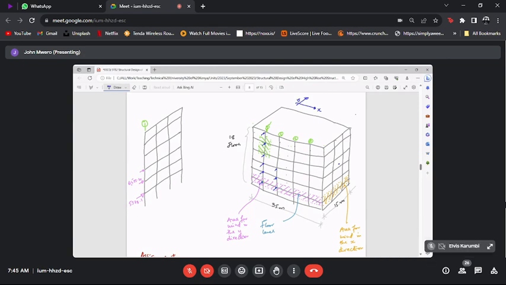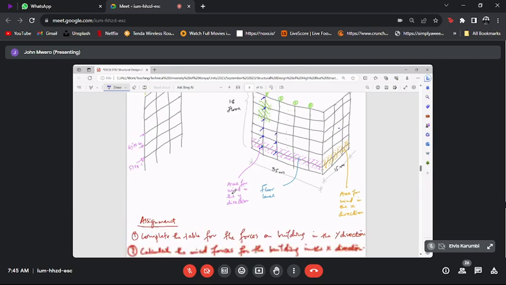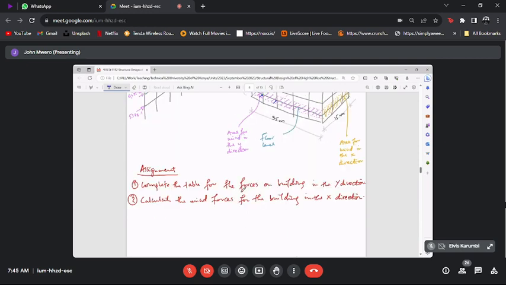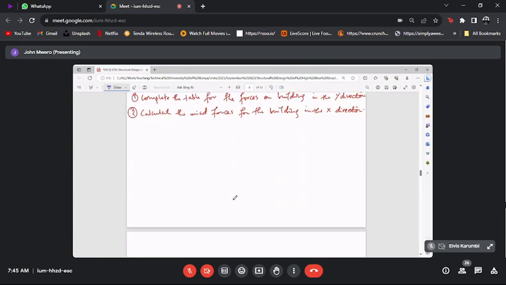I hope that you are able to find this or any other software that you want to work with. Personally, I work a lot with ETABS, so I would find it easy to assist you in case of any challenge in the modeling.